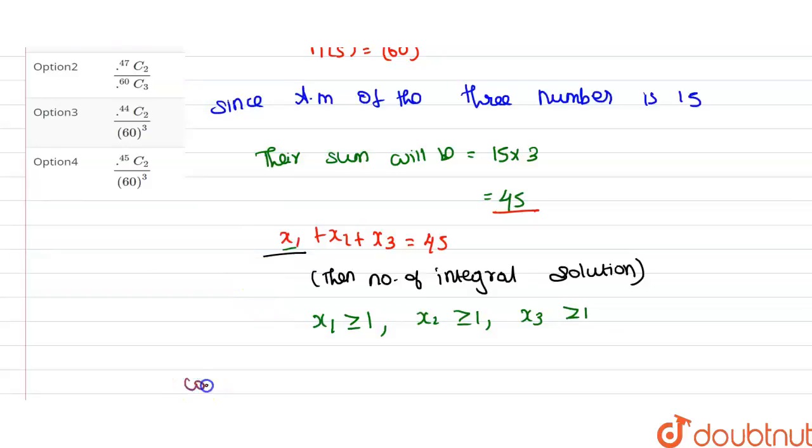So we can write this as the coefficient of x power 45 in (x plus x square plus x cube up to infinity) the whole cube.